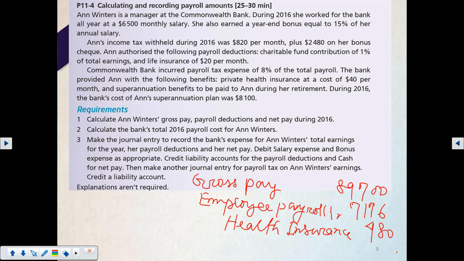What is next? We are giving them superannuation, right? How much superannuation are we giving? Superannuation is $8,100, and yes, it's annual.